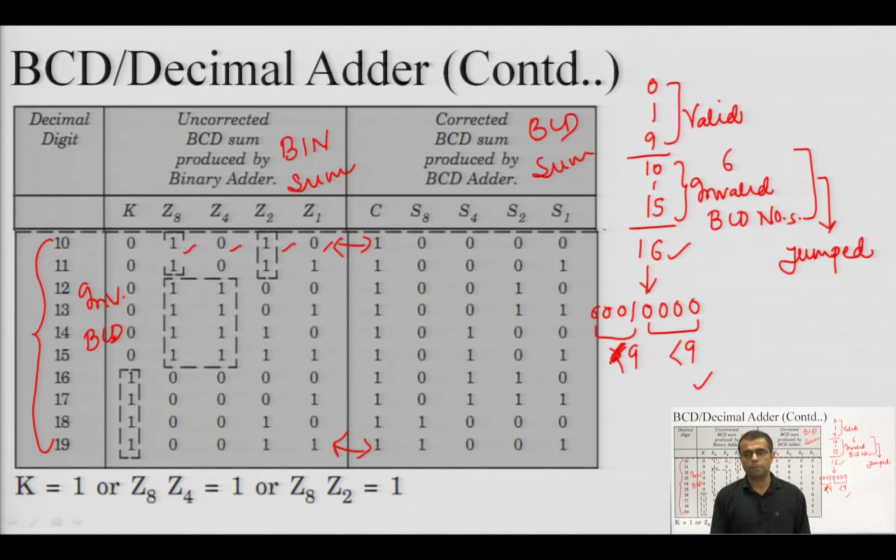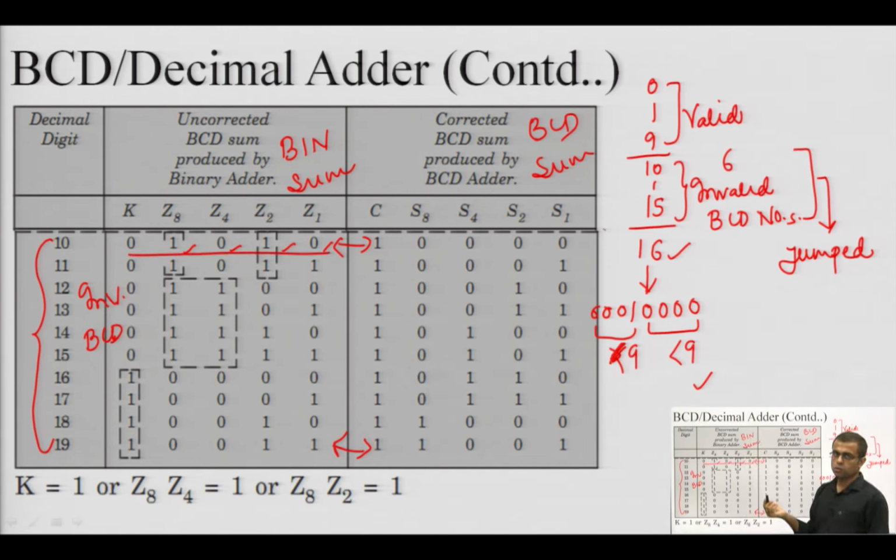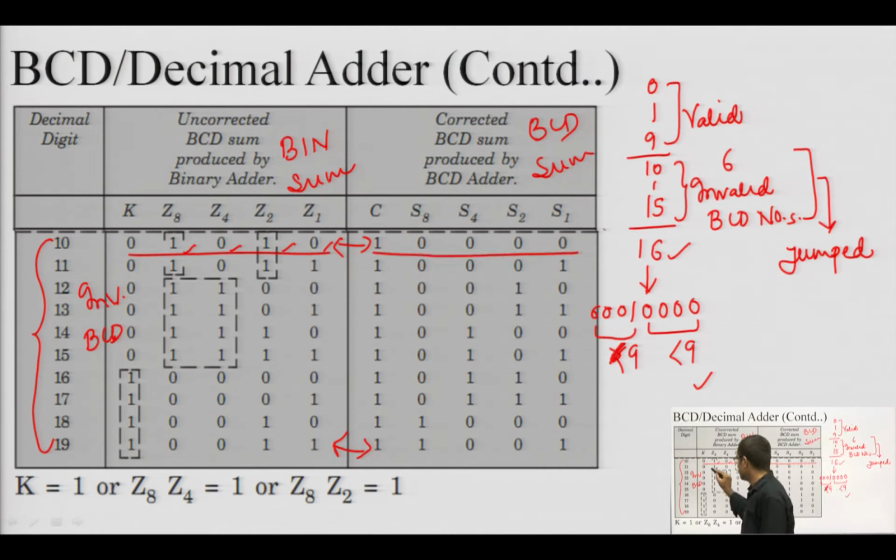These are the corrected versions. This is the process by which we can correct the binary sum by adding 6 to that invalid binary sum. This is 10, 0 1 0 1 0, and when we add 6 to it we get 16, as 1 followed by 4 zeros. Similarly, this 11 is 0 1 0 1 1, and when we add 6 we get 17.